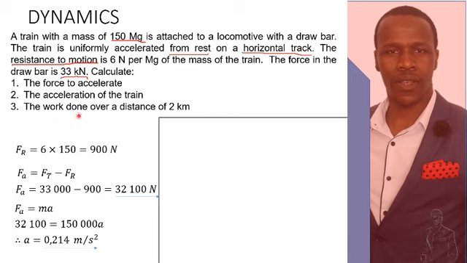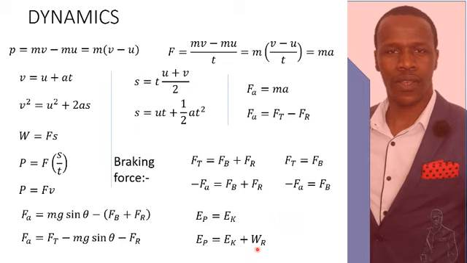Okay, let me tell you, all the time you should go for Ft, unless they are saying we need work done against friction, which we can see when we are dealing with this thing, because this is work done against friction or against resistance to motion.